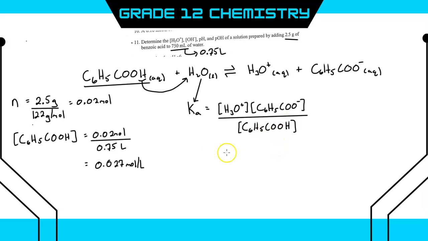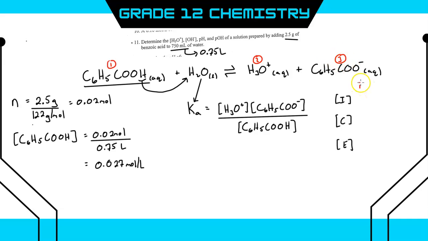Okay, let's do a little ICE table. So, an ICE table is good to help you. We did this in our previous equilibrium unit, and we're not away from that because we have an equilibrium equation here. So for the ICE table, I'm just going to label these as 1, 2, 3.